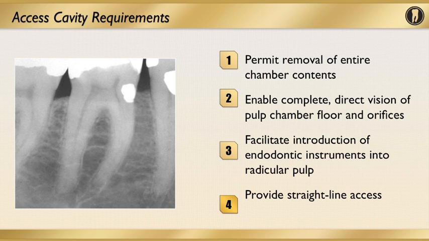The fourth fundamental describes straight line access. Notice the radiograph to the left. There's a distinct wedge of dentinal debris, of dentinal anatomical consideration, at the entry of both the orifice of the mesial and distal canal. This sharp curvature does not allow straight line access or easy entry into the canal space apically.